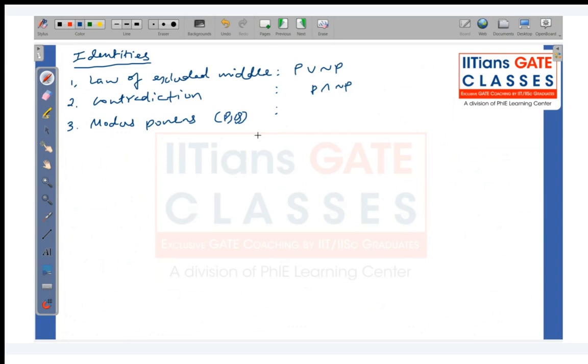You guys know the expression for modus ponens? Modus ponens essentially says P implies Q, and I know that P is true.